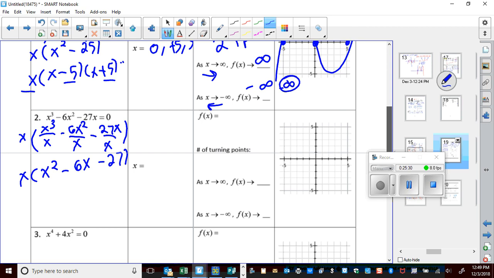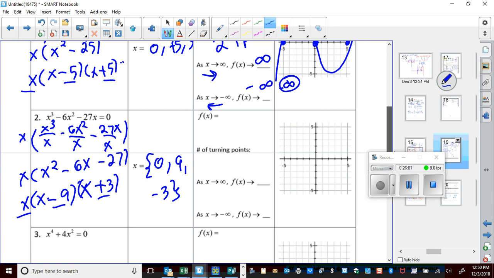Now I'm looking for two numbers that multiply to negative 27 and add up to negative 6. I have x times x minus 9 times x plus 3. That's going to equal a 0 at 0, a 0 at positive 9, and a 0 at negative 3.